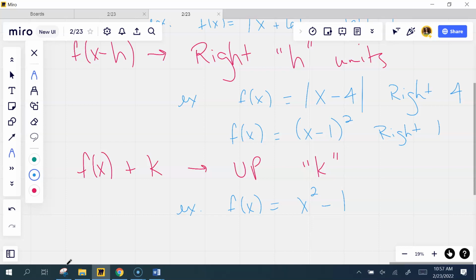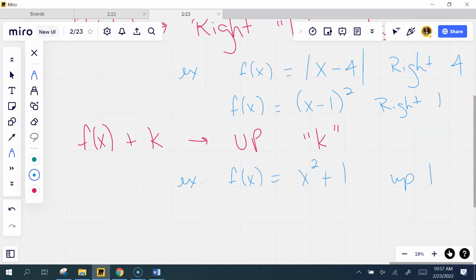Now it's not in parentheses, which means it's going to be moving it up or down, not left to right. So this is up. Do you see the difference there? And then, of course, if I subtract, what's it doing? Going down.